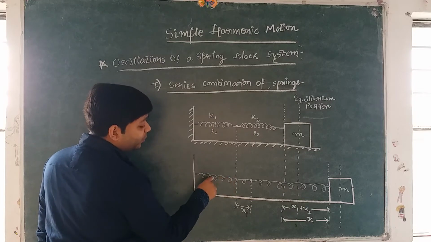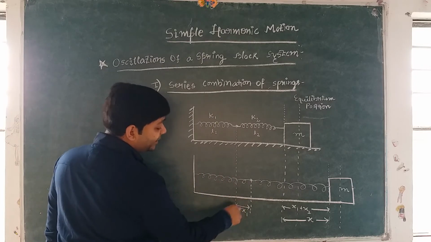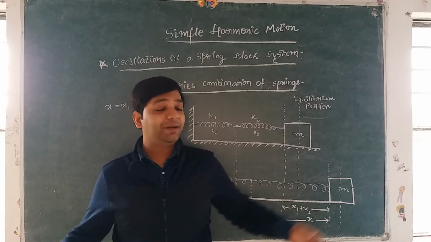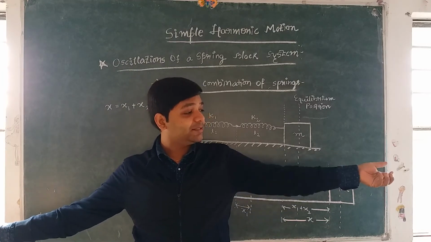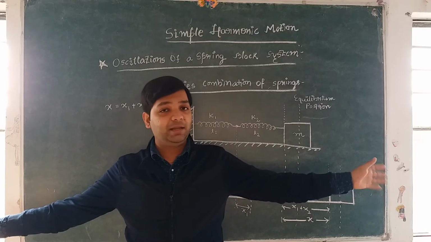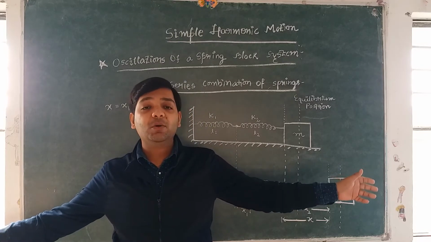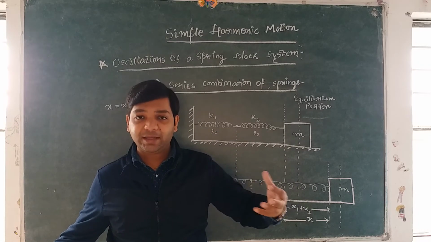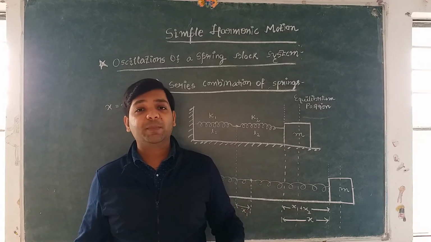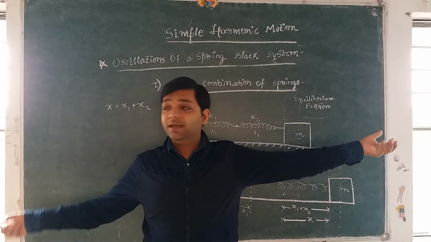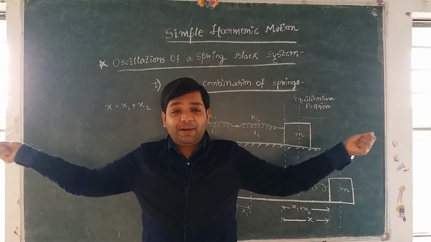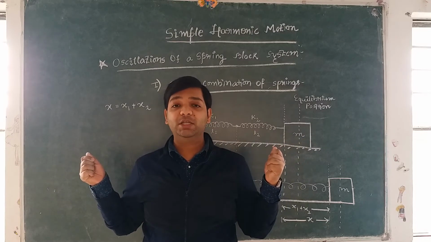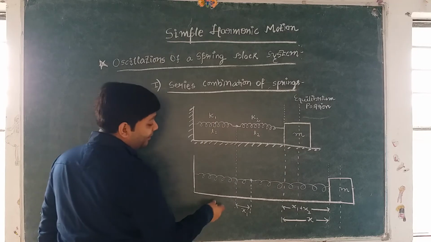Now because spring 1 has got elongated by length x1, there will be a restoring force in it. For example, I am a spring and someone has elongated me by displacement x. So I will apply a restoring force equal to kx to restore my original position. So what will happen?